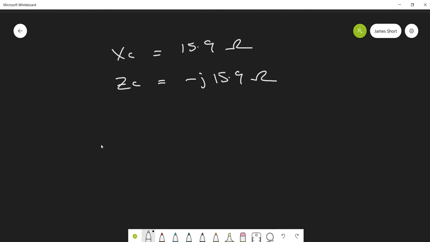The total impedance, ZT, is R plus J times the difference between the inductive reactance and the capacitive reactance.